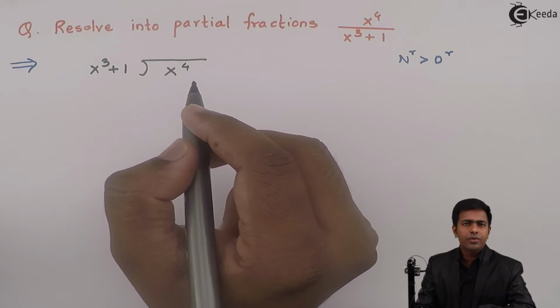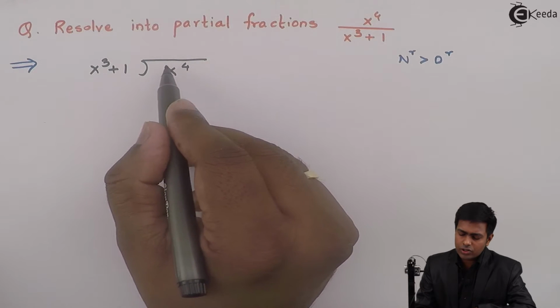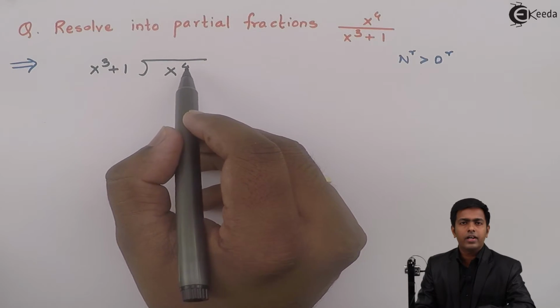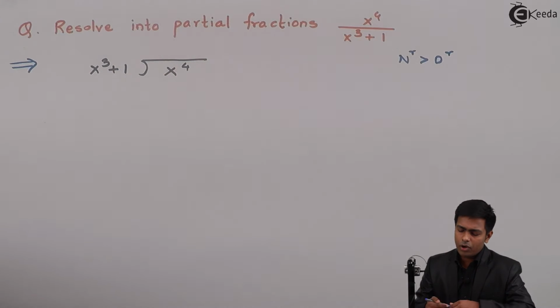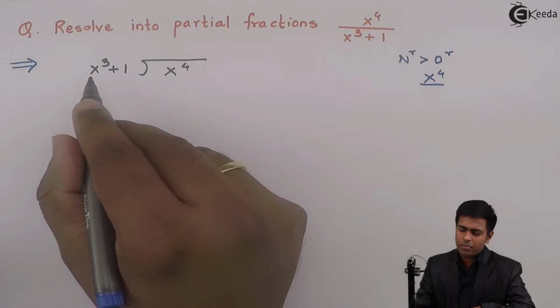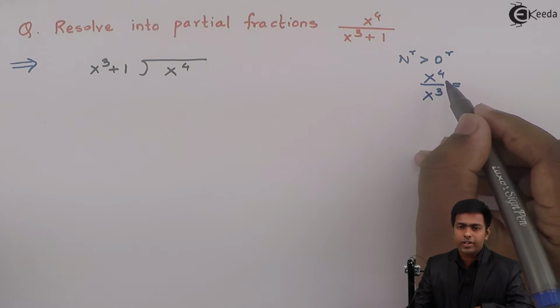So what is the rule? The rule says that you have to take the first term of dividend and divide it with the first term of divisor. So here the first term of dividend is x raised to 4 and the first term of divisor is x cube. So I am dividing x raised to 4 with x cube.